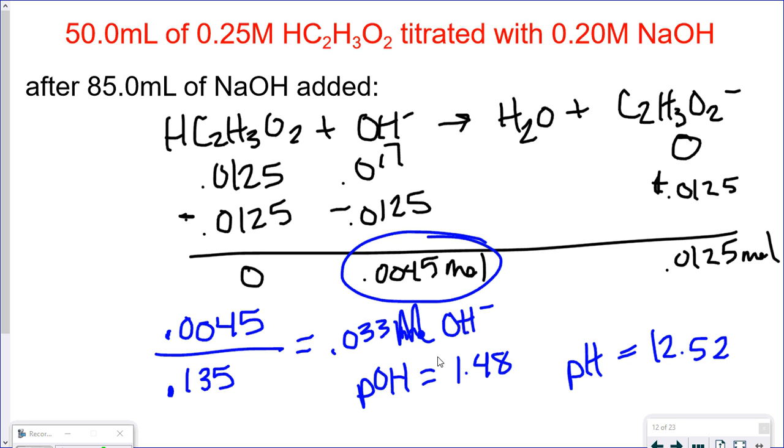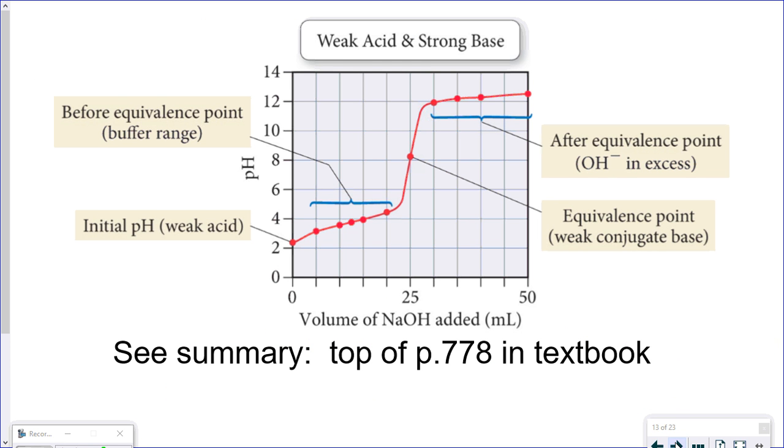So we completed all of those same points for a titration curve, but using a weak acid and a strong base. So here's what that titration curve will look like. We started at a higher initial pH of the weak acid.